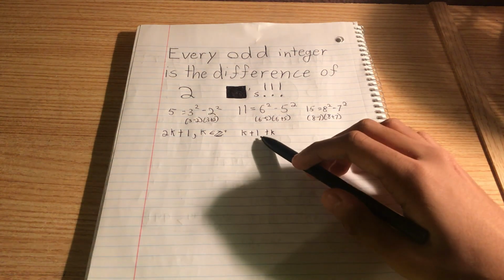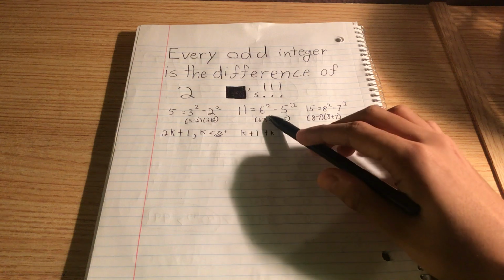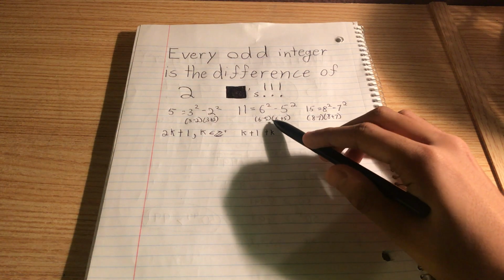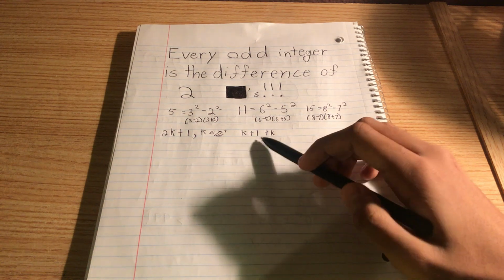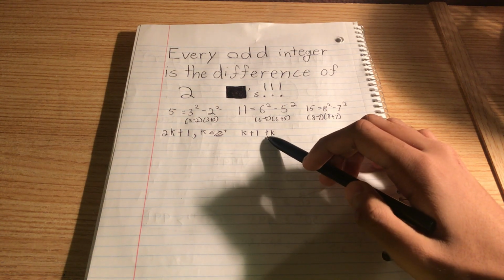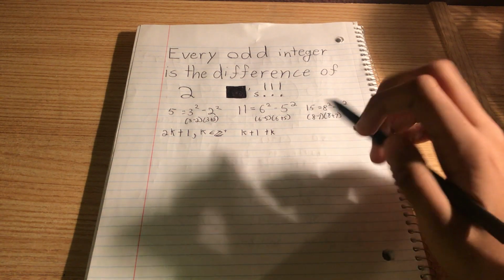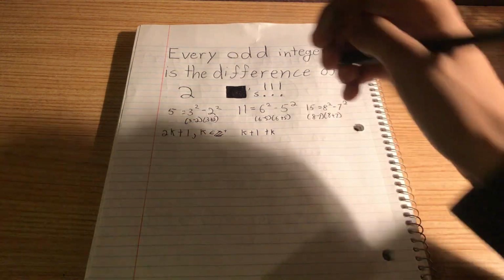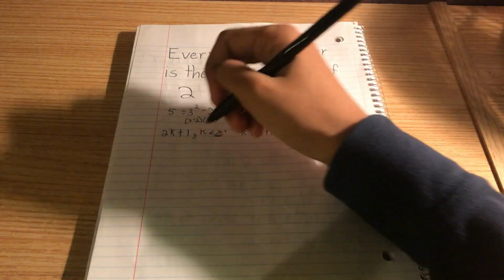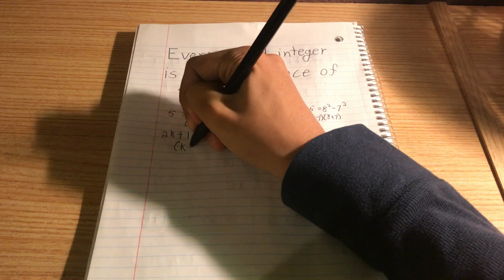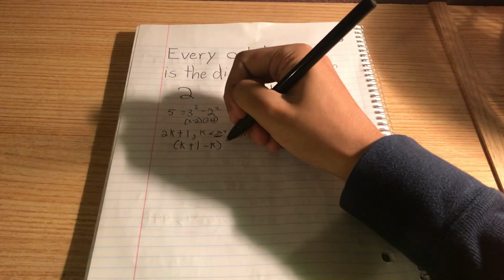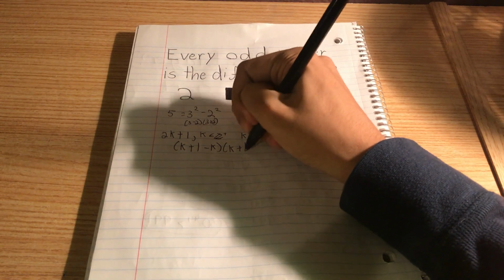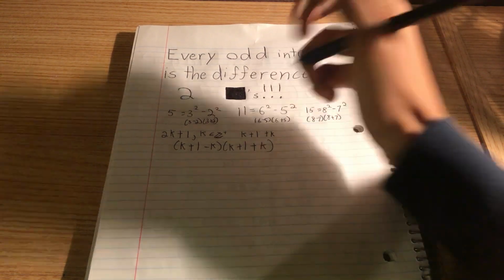We can now move from this step to this step, where it's a minus b times a plus b. Why is that? Well, let's pretend k plus 1 is a, and k is b. In that case, a minus b would just be k plus 1 minus k, and then a plus b, k plus 1 plus k.